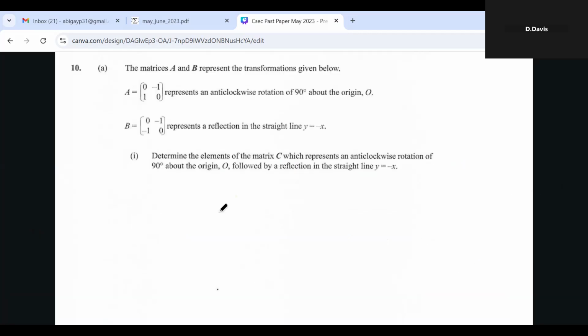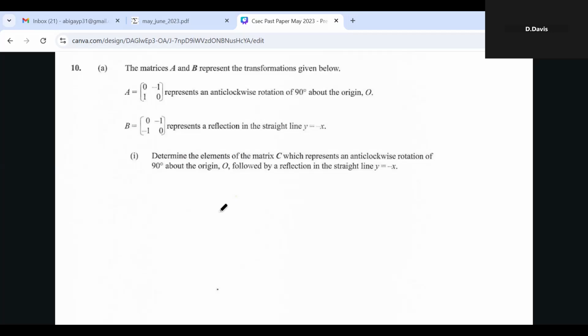All right, so the last question now, number 10. It states the matrices A and B represent transformations given below. A equals 0, 1, negative 1, 0 represents an anti-clockwise rotation of 90 degrees about the origin O. B equals 0, negative 1, negative 1, 0 represents a reflection in the straight line y equals negative x.